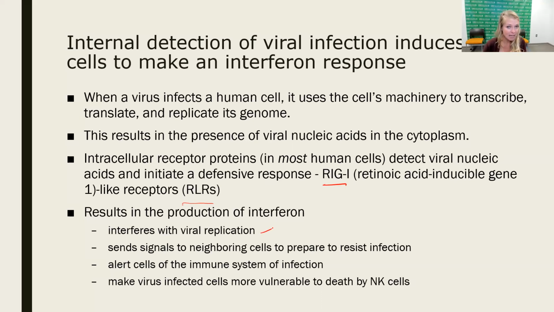And then it can also tell neighboring cells, hey, I have a virus, you need to gear up and really don't take anything in. If somebody comes over and starts knocking on your door, don't answer it because it's a virus. So it can act as an alert to other cells and then also tell cells in the immune system to come in, like NK cells, to go ahead and kill the virally infected cell.